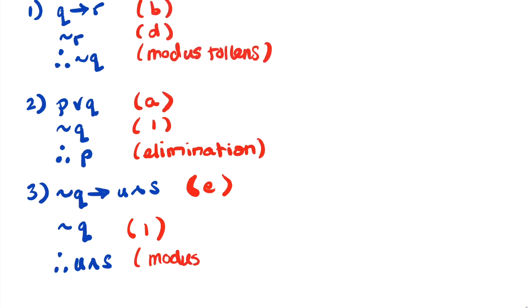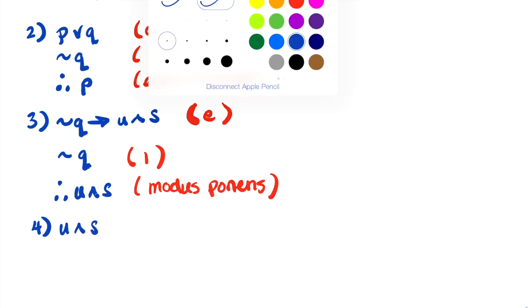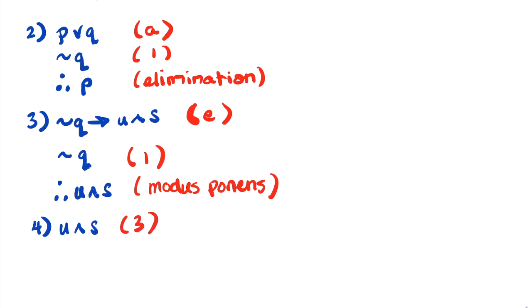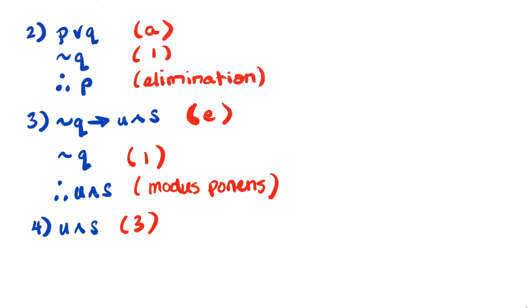All right. Okay, moving along. Don't you just love proofs? I do. Now let's look at what we just worked on. We know we have U and S. That's from number 3 here. So from this, what can we do?